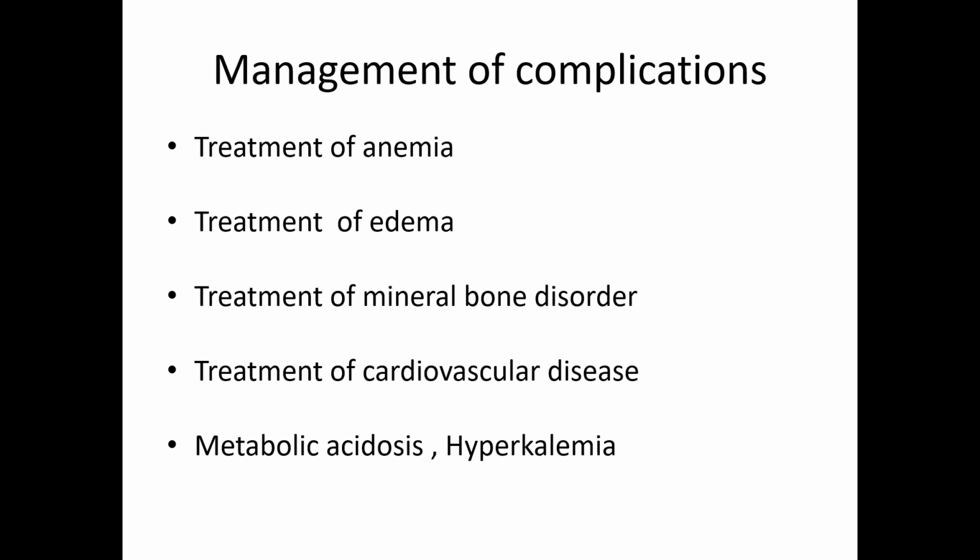They become edematous because of fluid overload. They can have mineral bone disorder, either because of vitamin D deficiency or increased PTH level. If they have underlying cardiovascular disease, it should be treated well. And in the advanced stage, these patients invariably develop metabolic acidosis and hyperkalemia, which should be treated well.